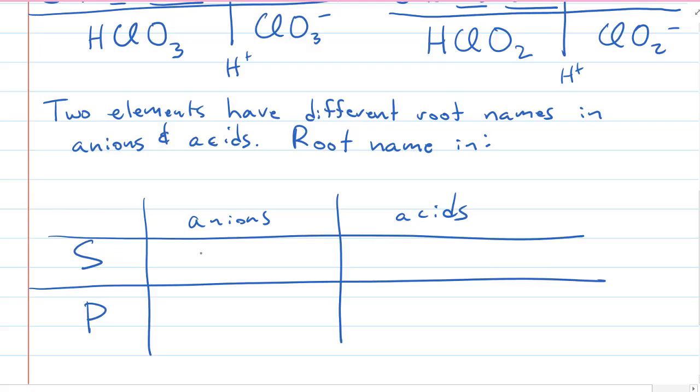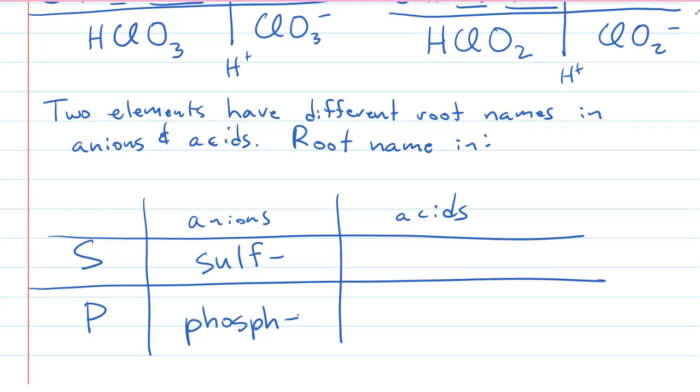In anions, sulfur has a root name of sulf, and phosphorus has a root name of phosph. We used these already when we talked about something like sulfate, sulfite, sulfide. With phosphorus, we talked about phosphate, phosphite, phosphide. So the root name of these 2 elements was the first syllable.